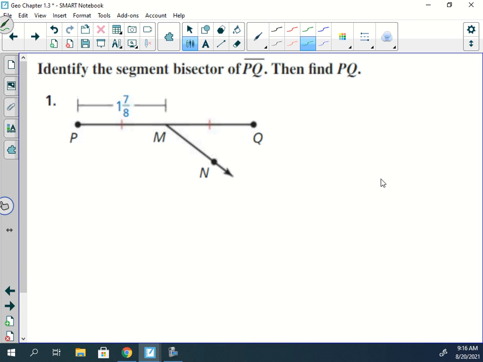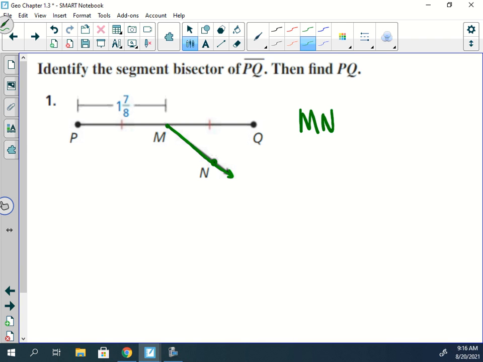So we want to find the length of PQ. Now they told us they identified the segment bisector of PQ because there is one. And what is the segment bisector of this here? It would be MN.